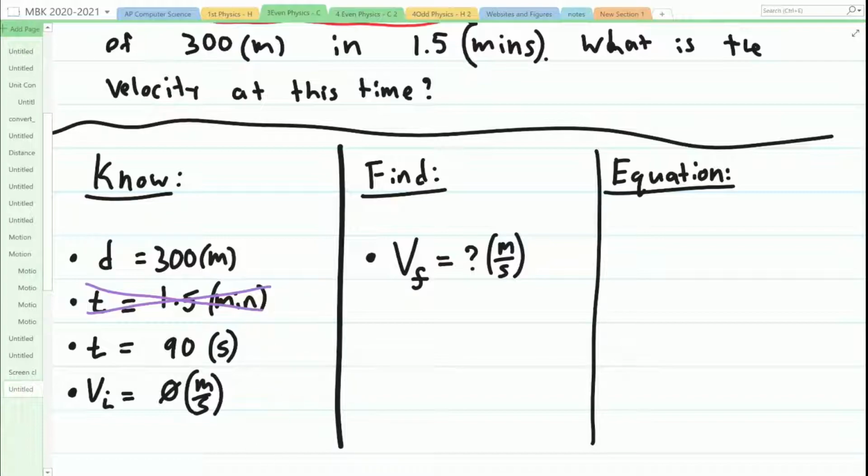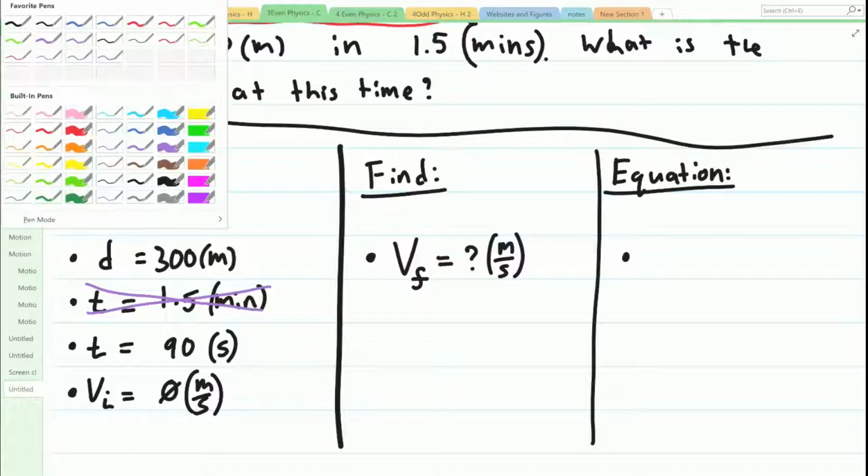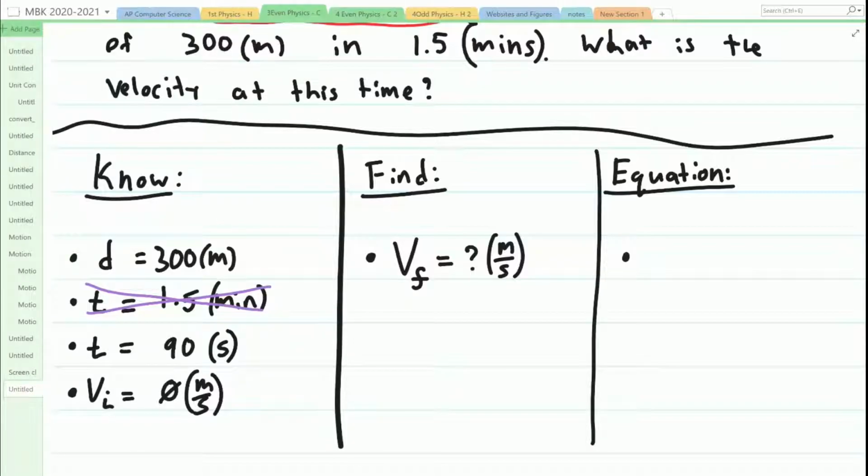Make sense? Okay. So my objective now is to find an equation that has my final velocity, my displacement, the time, and my initial velocity, and no other variables.